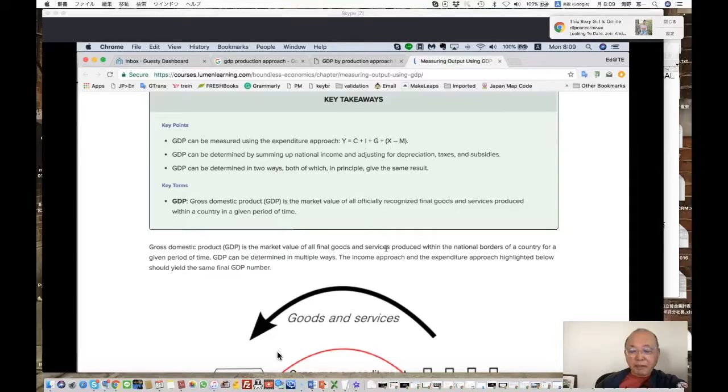So you need to avoid double counting. Let me clarify: a resource producer sells to a manufacturer, the manufacturer to the wholesaler, the wholesaler to the retailer. So we only count the retailer's amount as consumer cost. That's what it boils down to.